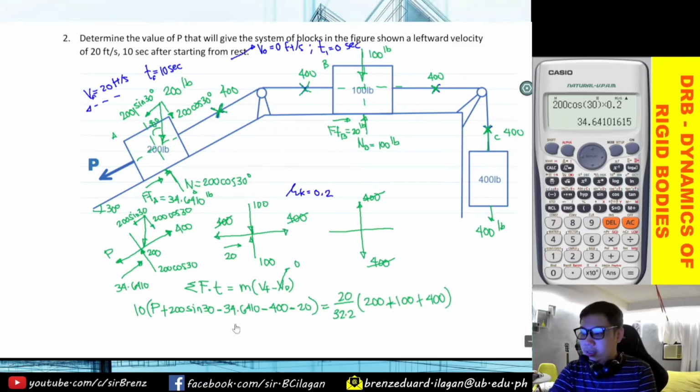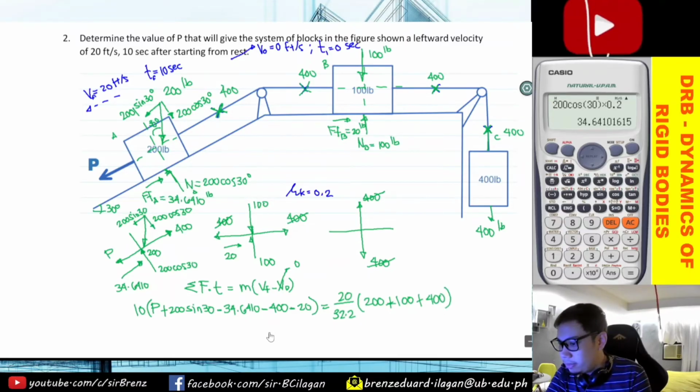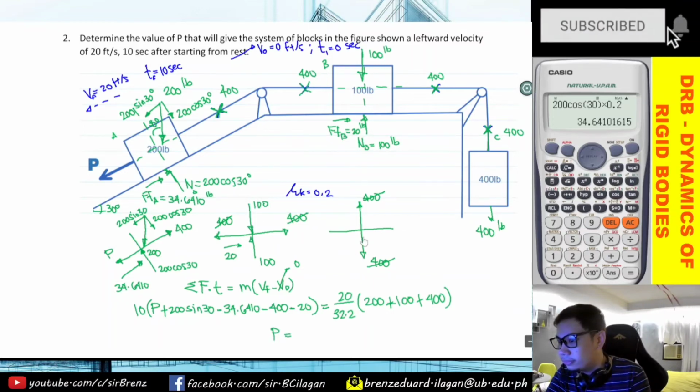Alright. So I think we can now compute for the value of P. So input lang natin sa calculator. Mag-shift solve na lang. Sige, shift solve na lang tayo.